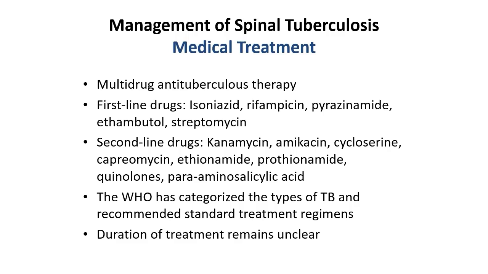Treatment with multiple drugs simultaneously is essential to address the different types of bacteria and to prevent the emergence of resistant strains. As in pulmonary TB, the mainstay of treatment of spinal TB is multi-drug antituberculous therapy. The antitubercular drugs are broadly classified into first-line and second-line agents.